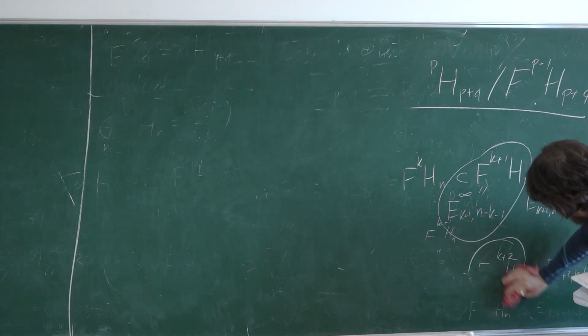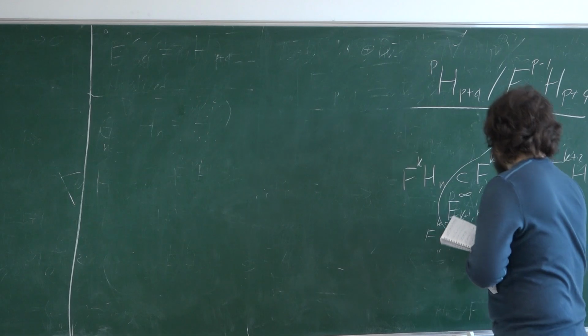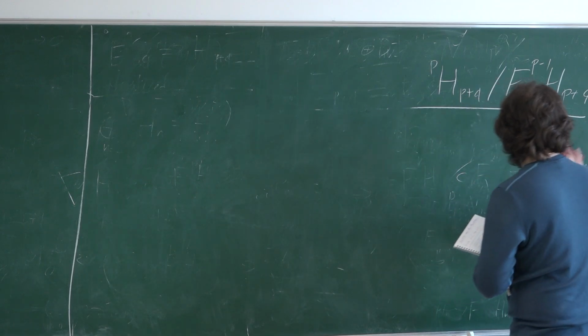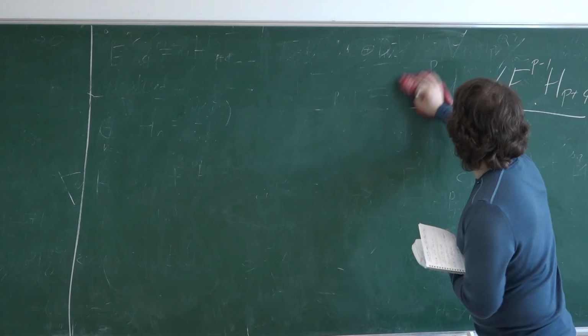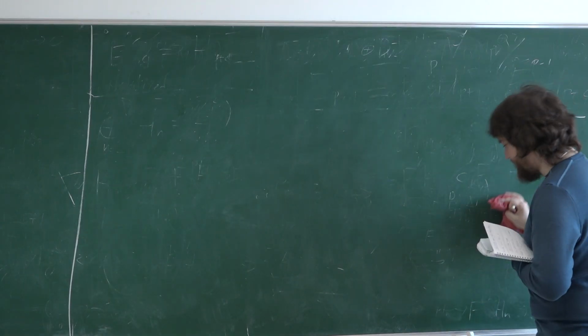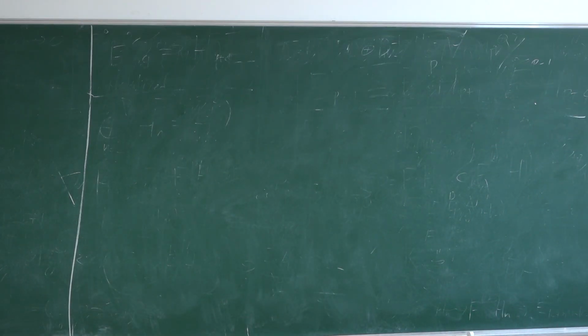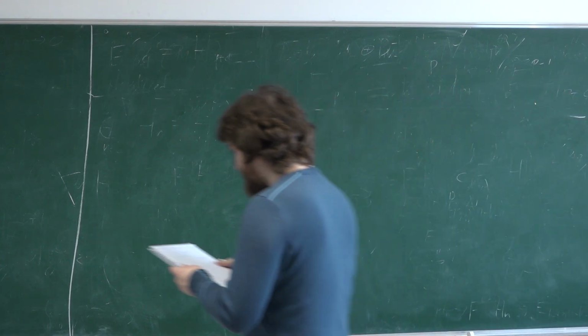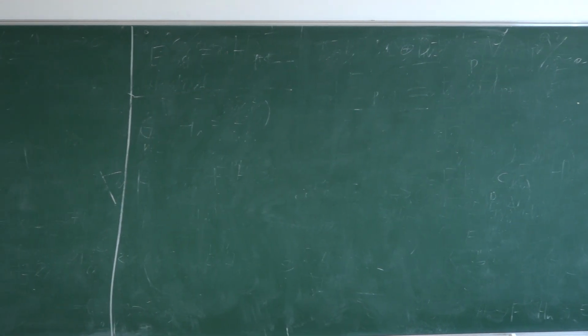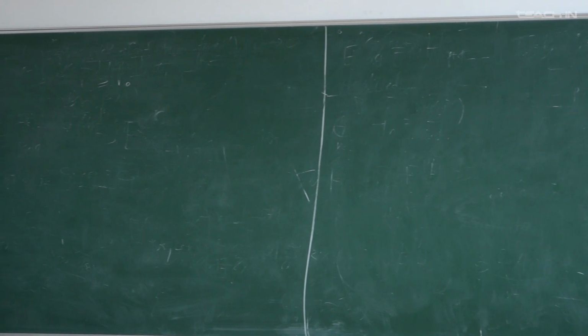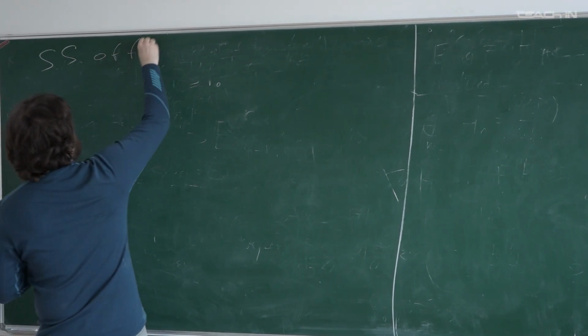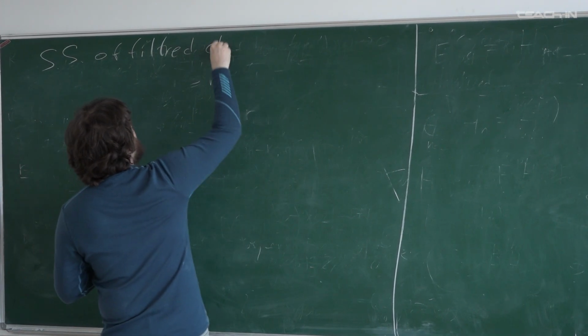There is a general construction for spectral sequences, but we consider one, not the most general, but general enough. It's the spectral sequence of a filtered chain complex.